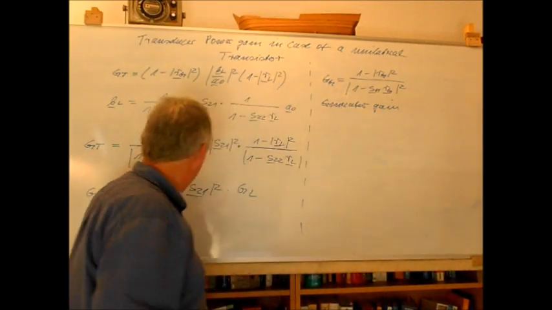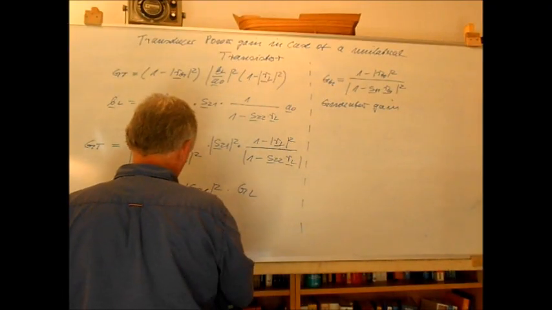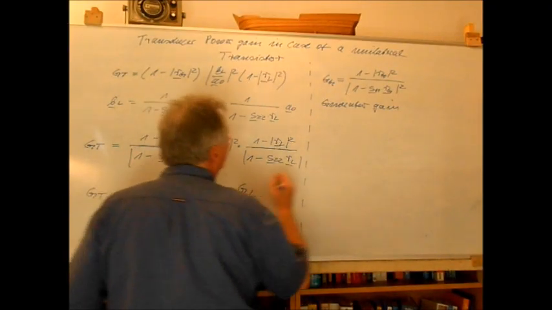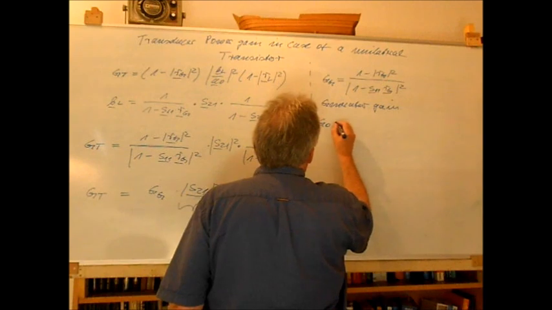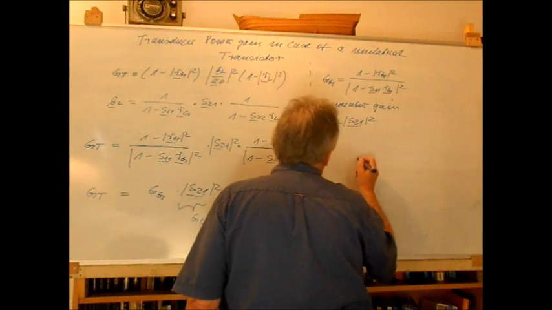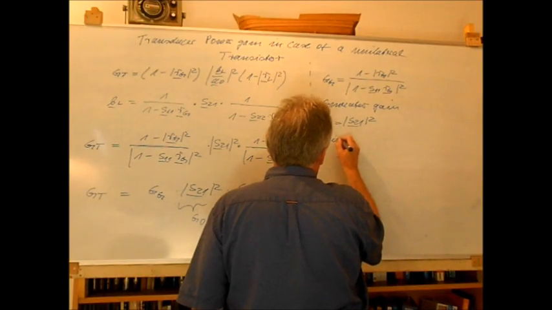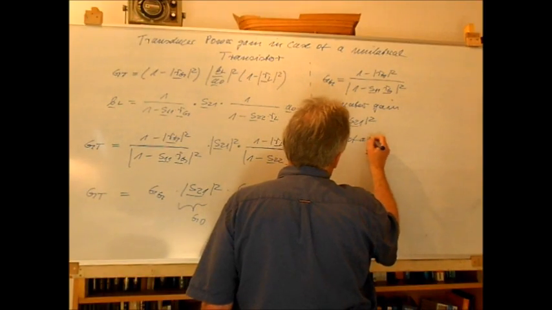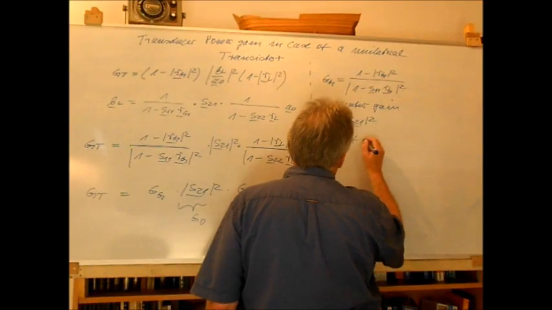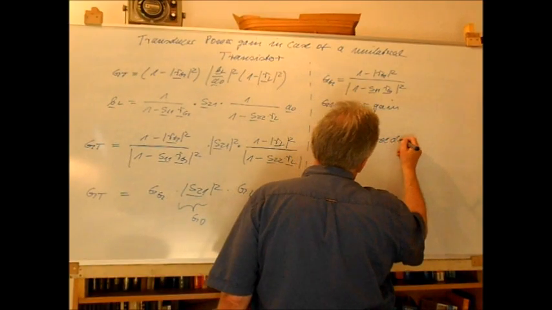And of course then we have here, well, sometimes this is also called G naught, the absolute value of S21 squared. This is in principle the gain of our active device.